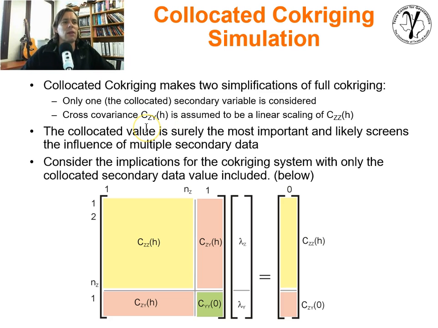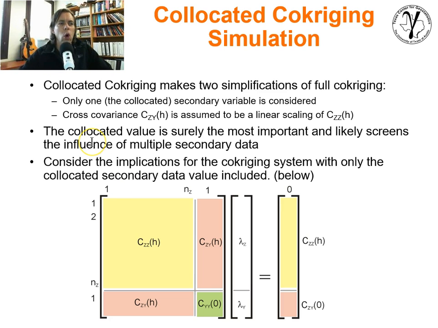And then we assume that the cross variogram, because we still need to know the cross covariance between the secondary data and all the other primary data, we just say that we can get that as a linear scaling of the regular direct variogram of the primary. So is this a reasonable assumption to make?